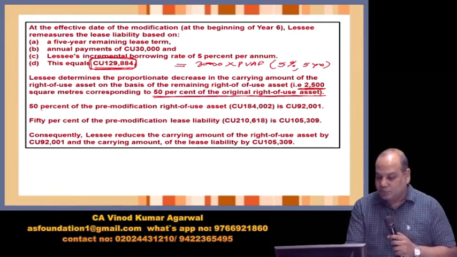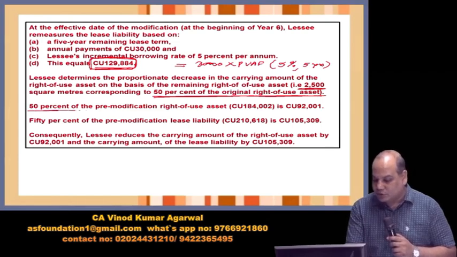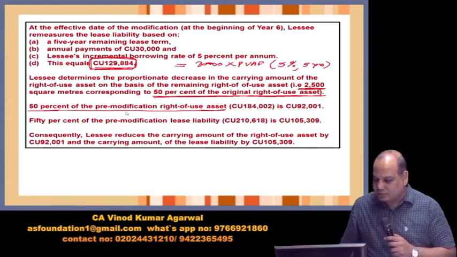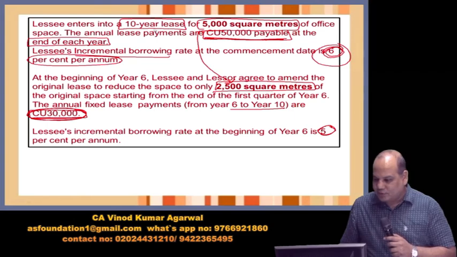So what will be the proportionate calculation of 50% of the pre-modification right of use? Now there is a calculation requirement here. First you have to see what was my original lease. Original lease was a 10-year lease, 50,000, 6% discount rate.